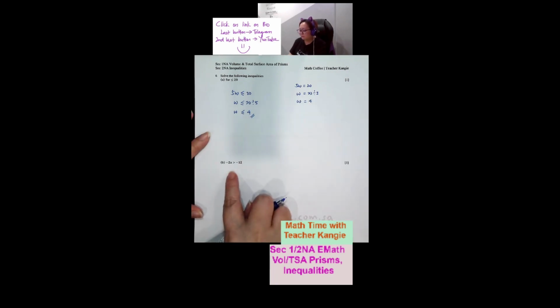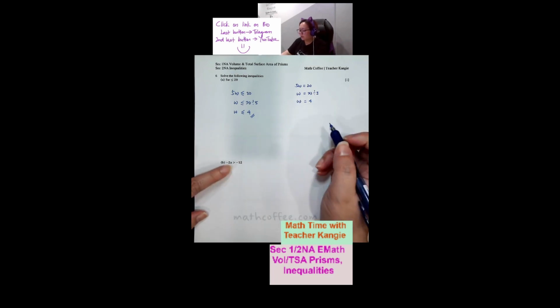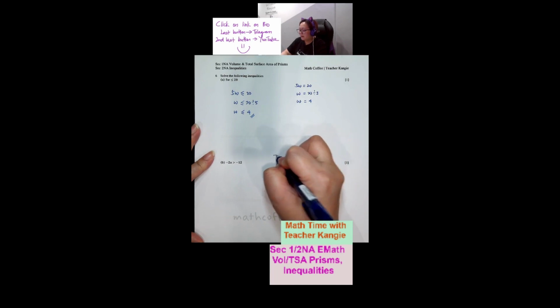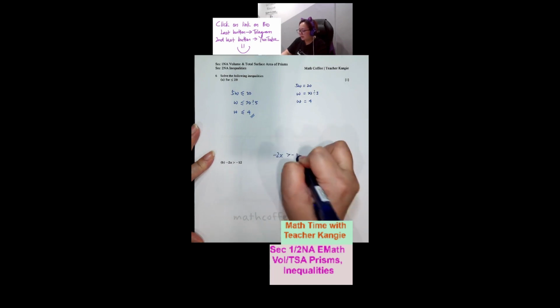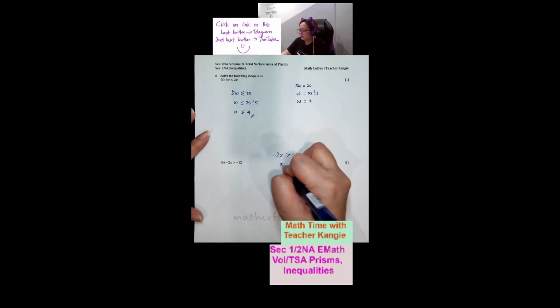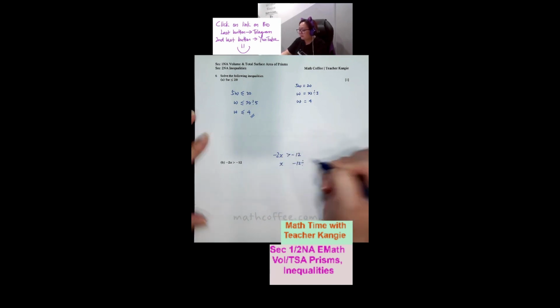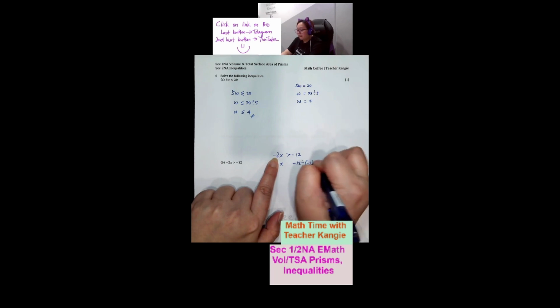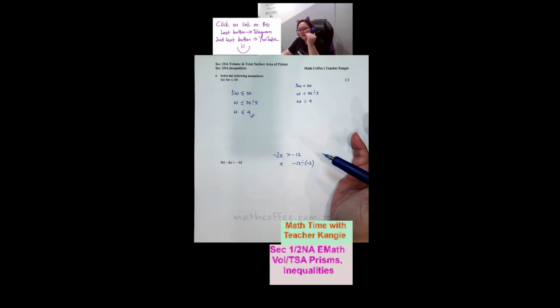Okay, come, this one. Looks easy, but I tell you many students will get this wrong. Okay, minus 2x more than negative 12. Solve it just like an equation. So I know I need to do minus 12 divided by negative 2. But remember just now I said, when you divide by a negative, you got to flip the mouth.